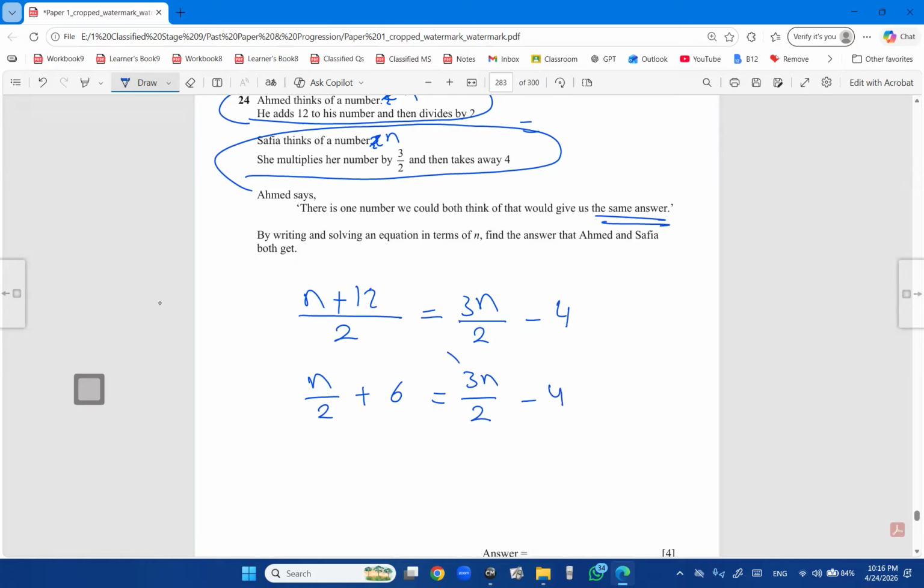The first trick to solve this equation is very tricky, to be honest with you. You should have noticed first that n here is divided by 2, so n over 2 plus the 12 is divided also by 2, so it is 12 over 2, which is a 6.